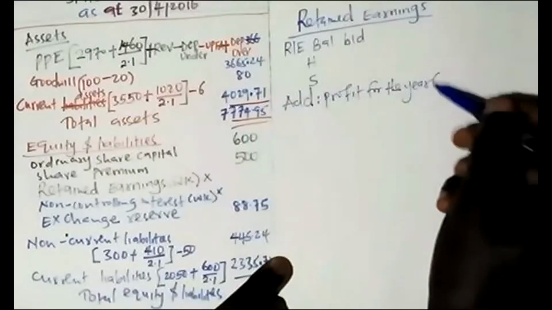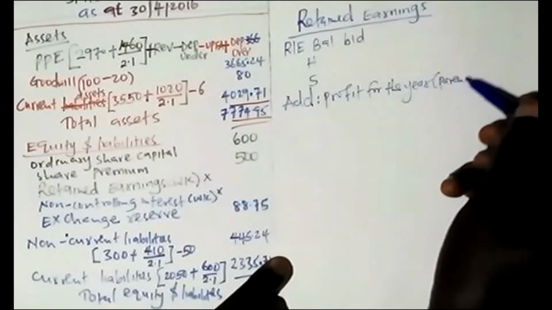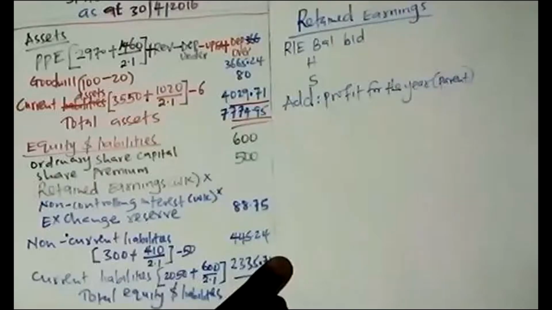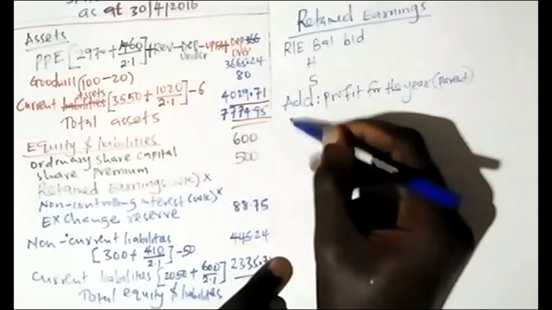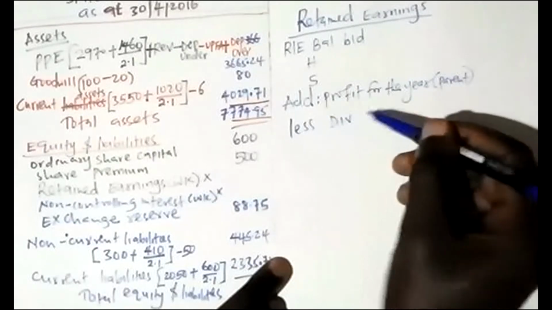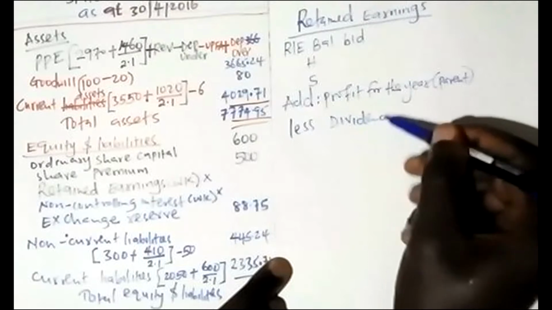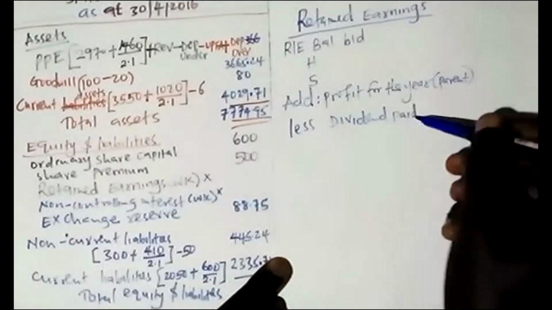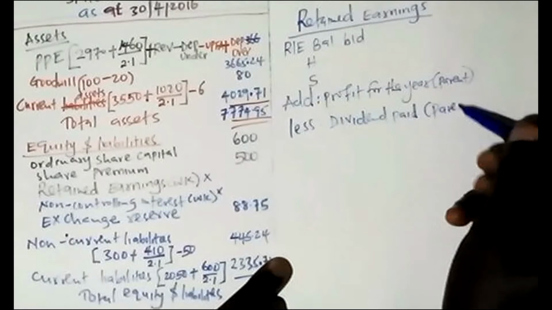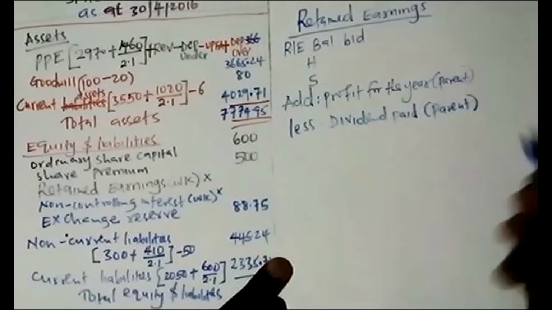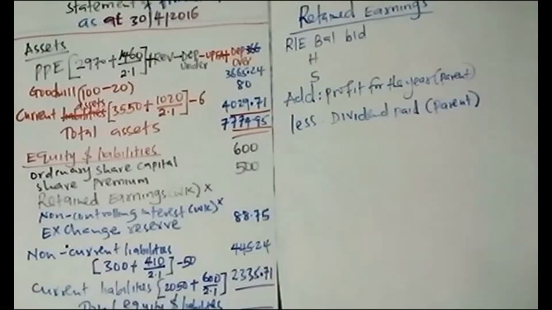The profit for the year you add is for the parent only, the one which you got when you did your income statement. Then you have to deduct dividends paid by the parent. For dividends paid by the parent and profit for the year, we have them direct from the question.